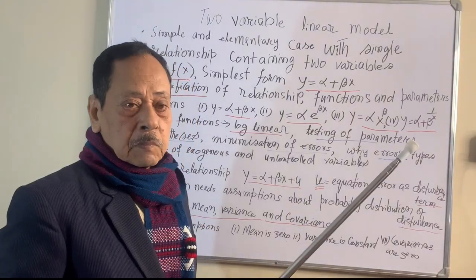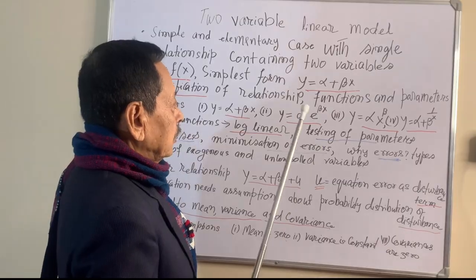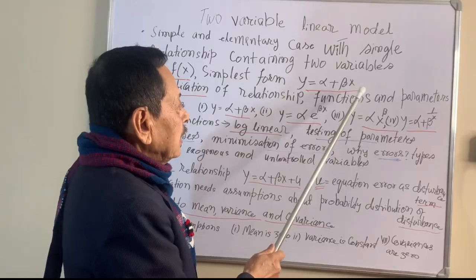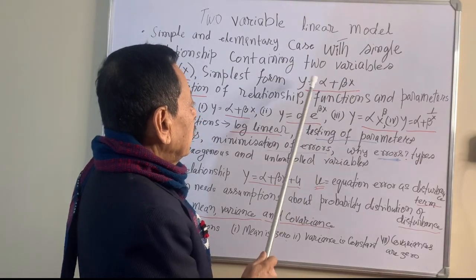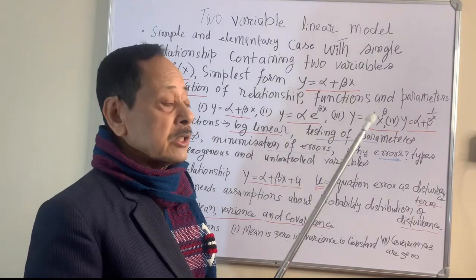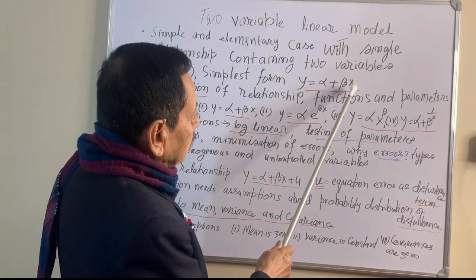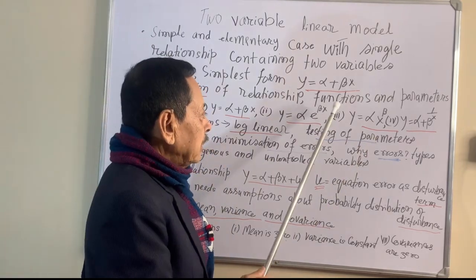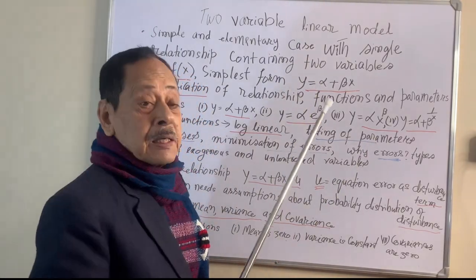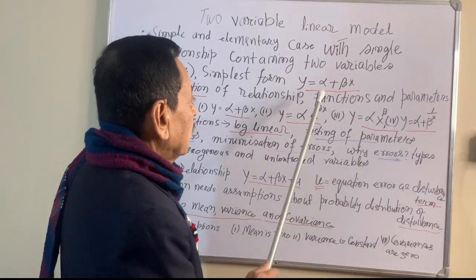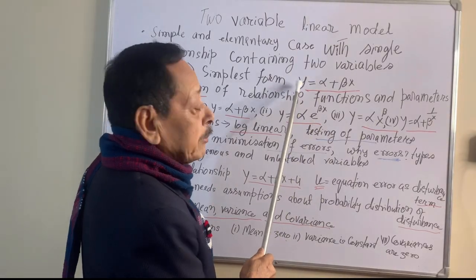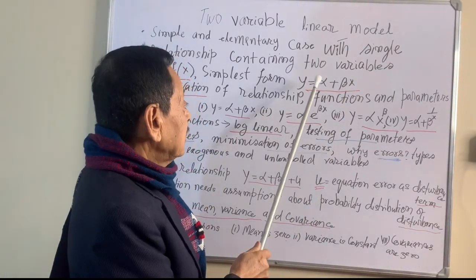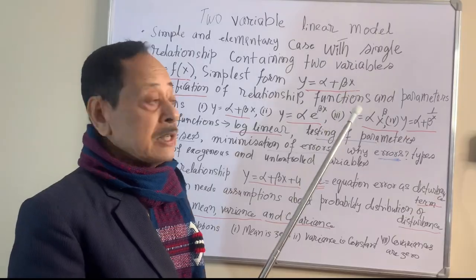Say in crop production, x is a fertilizer, and if we increase the level of fertilizer, then the level of y will increase. But if we do not apply fertilizer, based on the fertility of soil and other conditions, we will get some amount of y without application of the fertilizer. So that is reflected in alpha, that means the intercept.